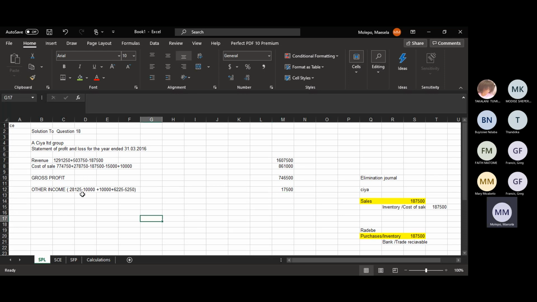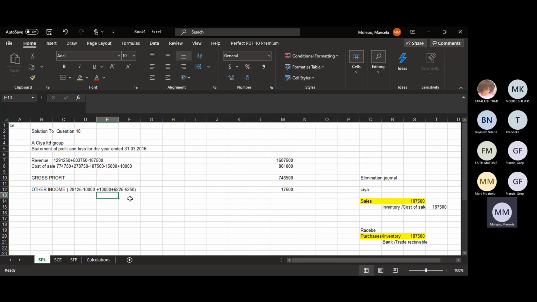If you say 28 minus 10,000 plus 10,000 plus 6,625 minus 5,250, then you should have a figure of 17,500. Let's just confirm it. 28,125.